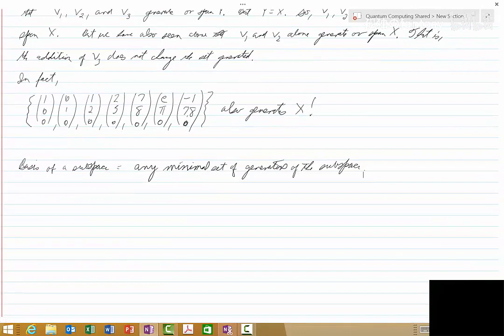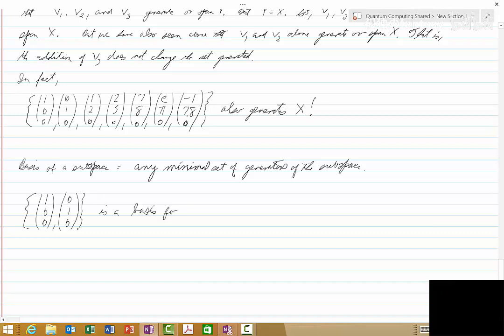So, for instance, 1 0 0 and 0 1 0 is a basis for R2. But 1 0 0, 0 1 0, 1 2 0 is not.